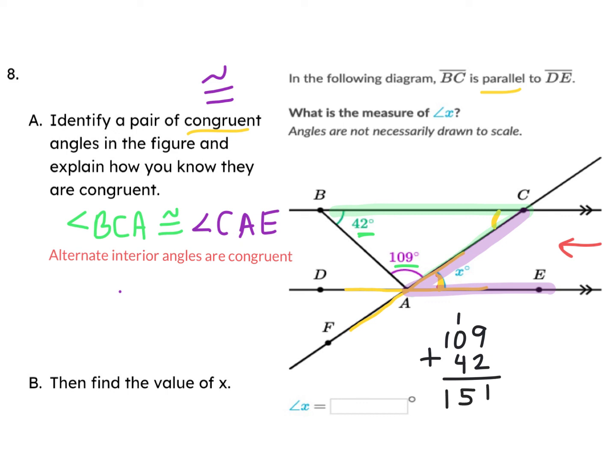So that adds up to 151. 180 minus 151. Okay, so that's going to be 29 degrees. So 29 degrees up here, and alternating interior angles are congruent. So the value of X must also be 29 degrees.